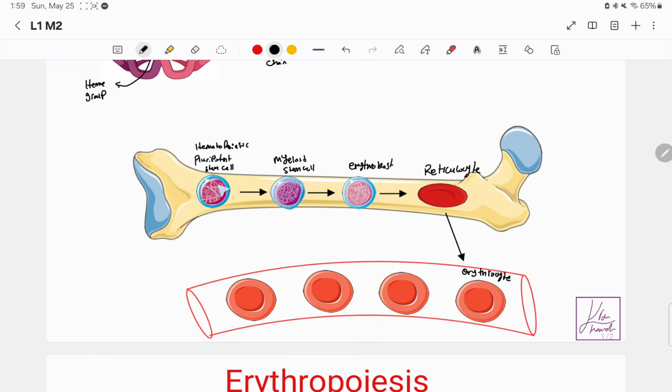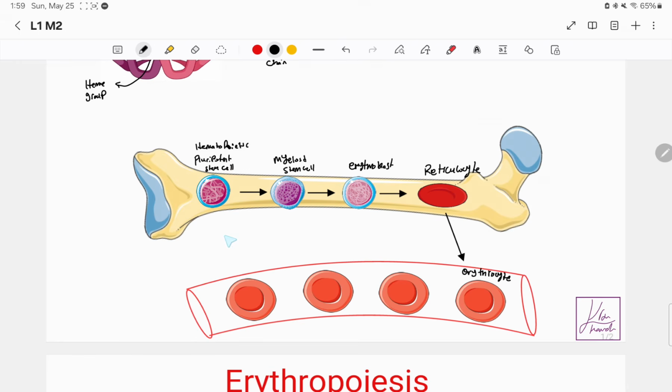Pluripotent just means that the stem cell can turn into a lot of things. It has a lot of potential, okay? Now, here's the thing, though. It doesn't just give rise to the red blood cell, guys. This hematopoietic stem cell gives rise to all of your blood cells. All of them, including your white blood cells and your platelets, okay?